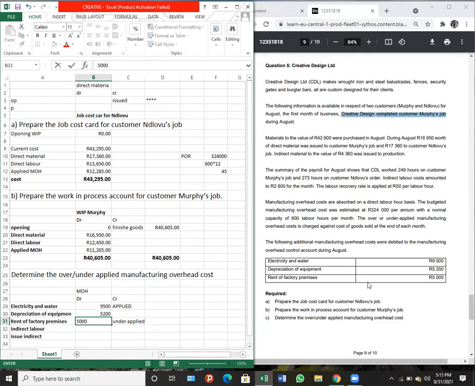And then, guys, you still remember the cost classification? Which means here, if they said rent for office, would you include the rent for office under manufacturing overhead? No. Why?